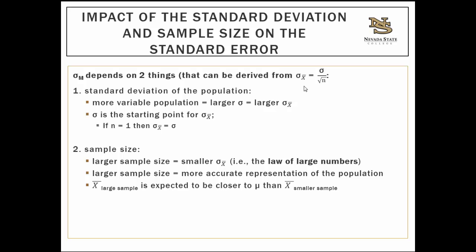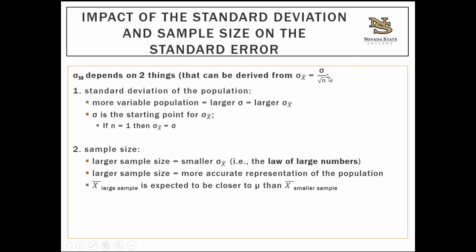But let's think about it in conceptual terms. Remember, this represents the standard deviation for the population, the spread of scores in the population. If you have very, very different scores in the population, chances are any given sample mean that you take is probably going to be very different from any other sample mean that you take, because the scores are just all over the place.